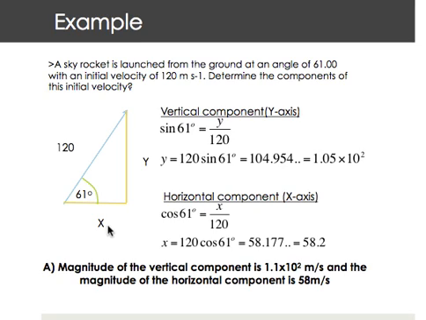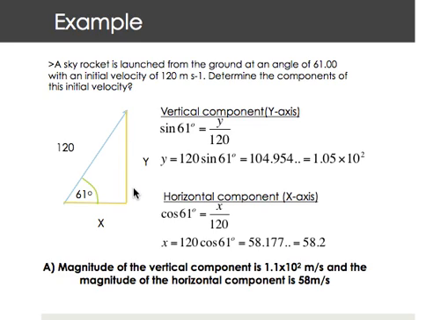First, as you can see, the diagram is shown here. The x component is here and y is here. So the vertical component is y and the horizontal component is x. First, let's solve for the vertical component, or y-axis.